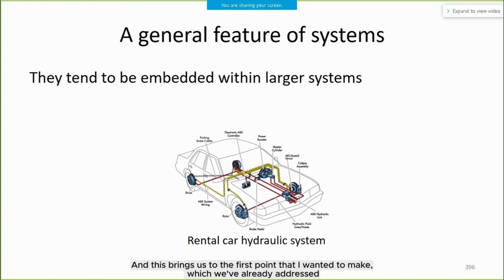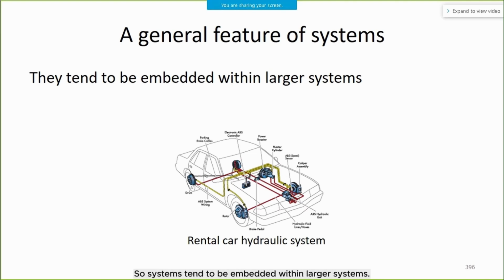And this brings us to the first point that I wanted to make, which we've already addressed at various points in the course of the day. So systems tend to be embedded within larger systems. And of course, there may be some ultimate largest system, which might be the whole universe, but most of the systems that we've been talking about today are embedded within larger systems.